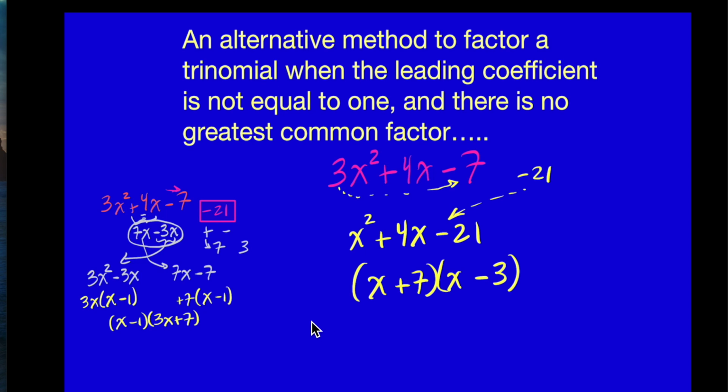Now, folks, we bring this original 3 back into the problem. And what we do is we divide the second term by the 3, as so. Here, when you have x plus 7 over 3, you simplify it by multiplying both terms by the 3.